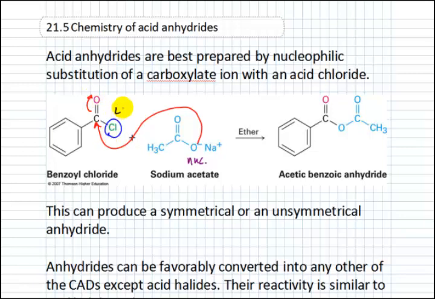Chlorine is the leaving group in the second step. That substitutes the chlorine for this acetate group. So that gives us acetic benzoic anhydride because we started with benzoyl chloride, a derivative of benzoic acid.